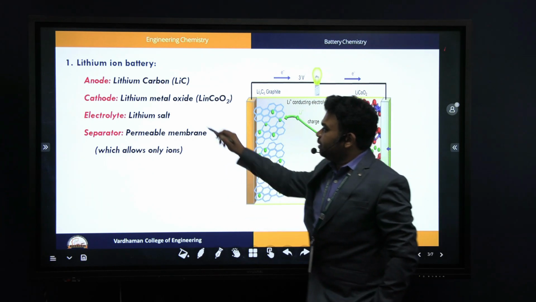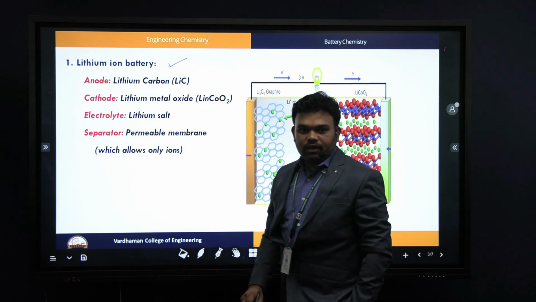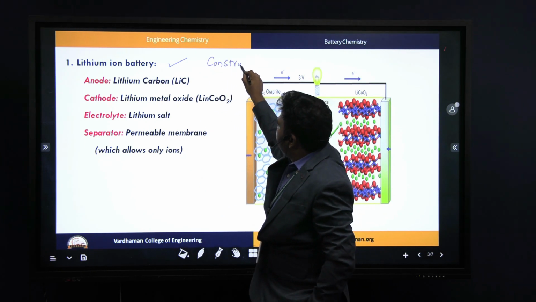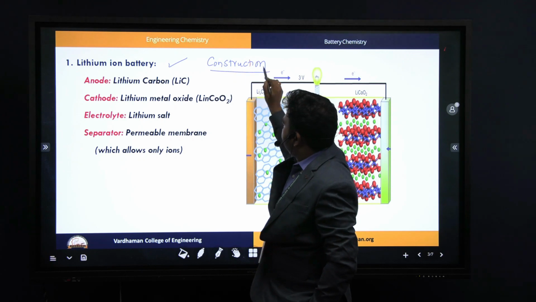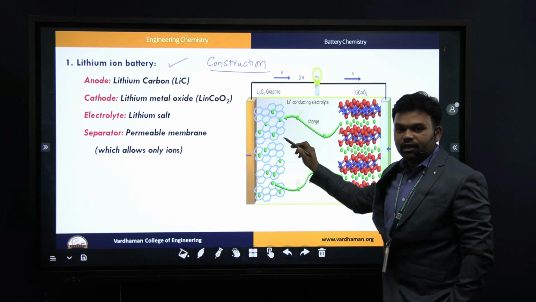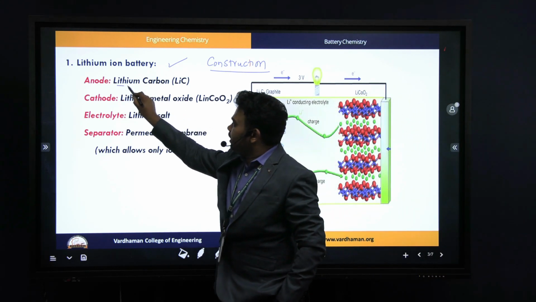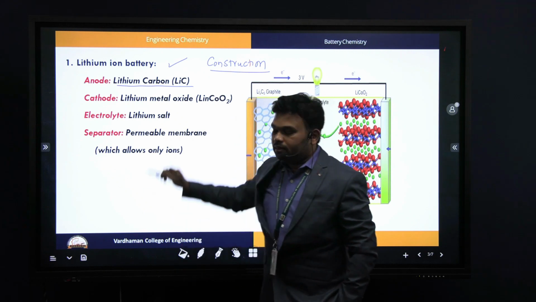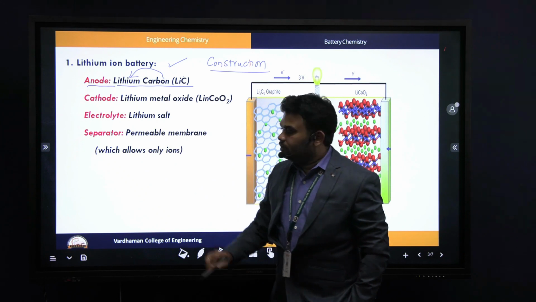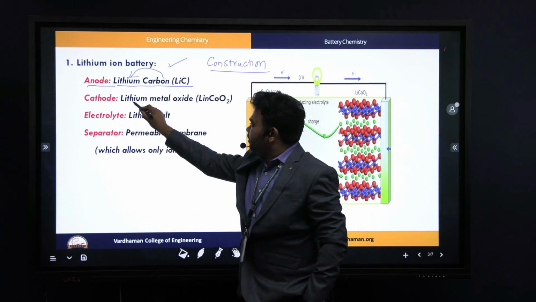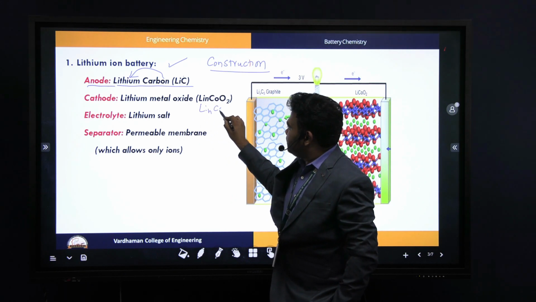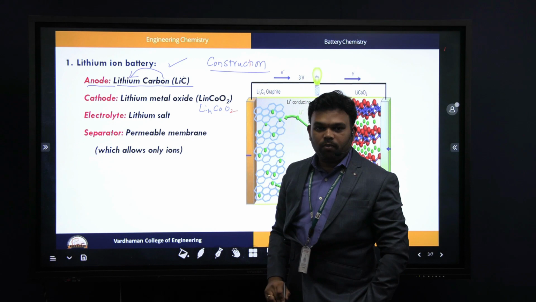Now we are going to discuss the lithium ion battery, and for that, first we should understand the construction of the battery. If you observe the diagrammatical representation, it is very clear that the anode we are using is lithium carbon, nothing but carbon incorporated with lithium. Next, the cathode is lithium metal oxide, LiCoO2, lithiated cobalt oxide.